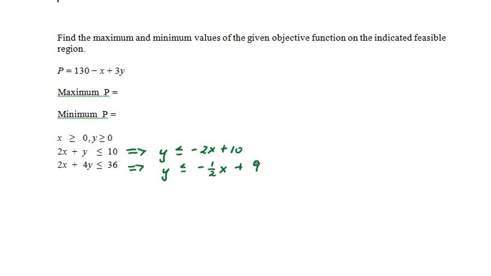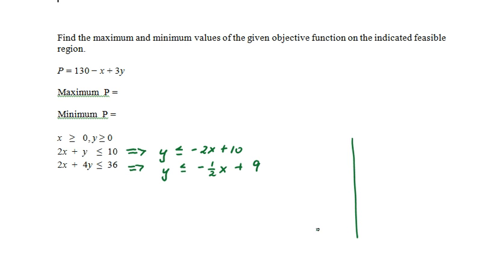So in that last step, first of all, I got 4y equals negative 2x plus 36, and I divided by 4. So let's look at the feasible region then.